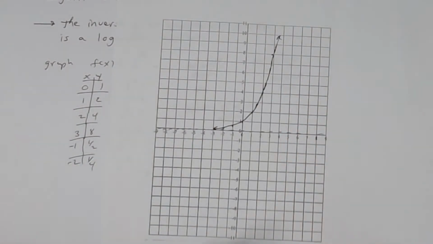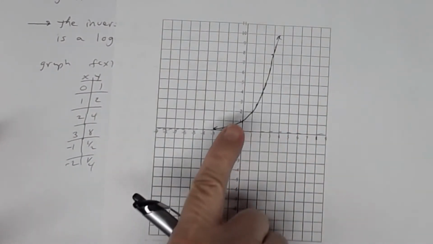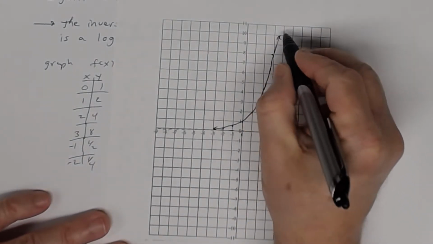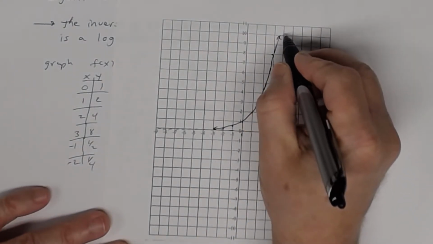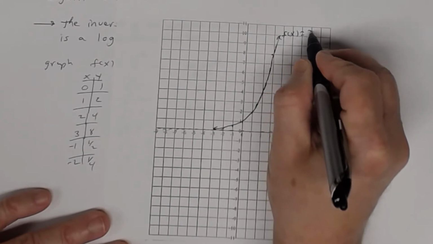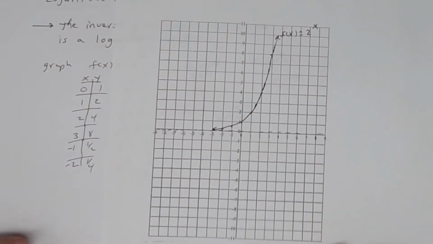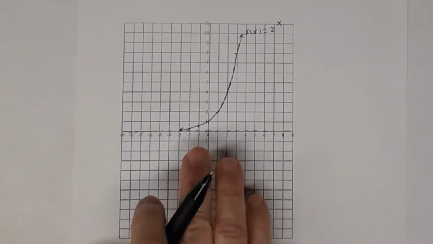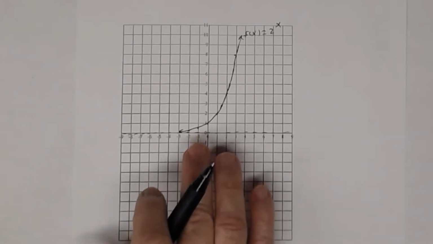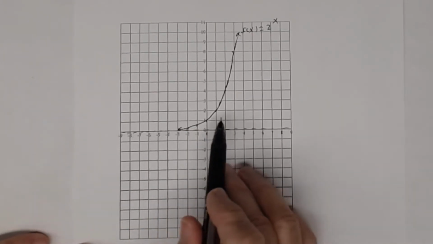Okay. Now what I want to do is remind you that I can graph the inverse of this exponential function. So remember, this is f of x equals 2 to the x. To graph the inverse of this exponential function, notice it is 1 to 1, right?